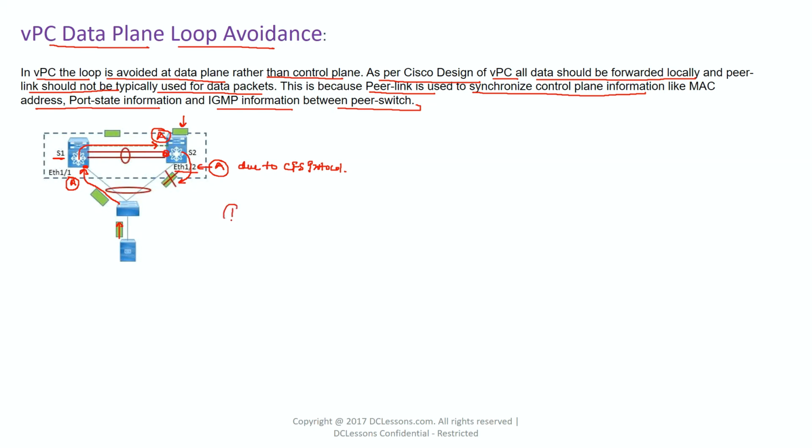What it will see is: has this traffic crossed the peer link? Here the answer would be yes, right? Because this is a broadcast and it has already crossed via S1.